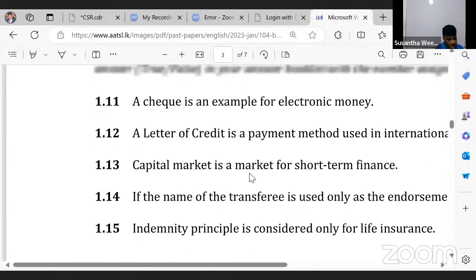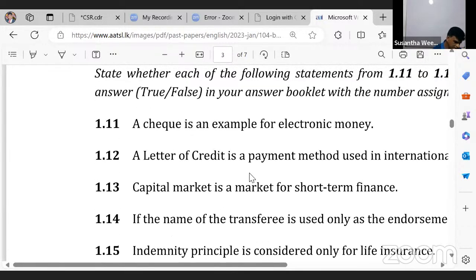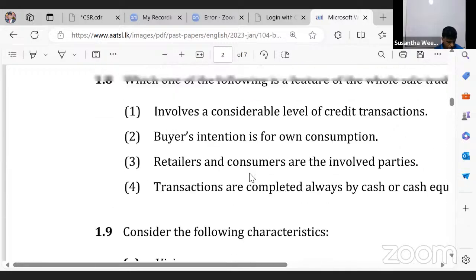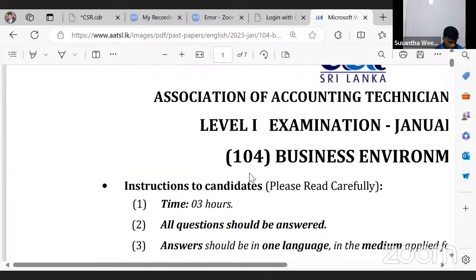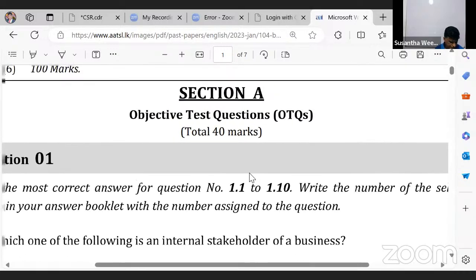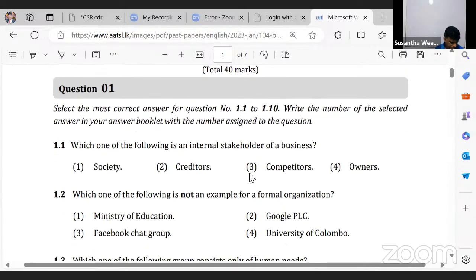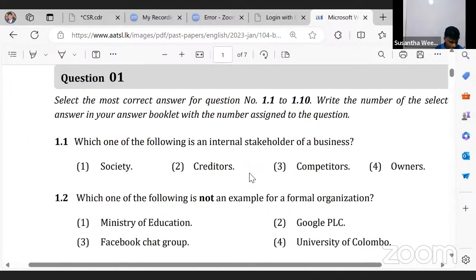Altogether 20 questions, and 2 into 20 is 40. Now, we'll start from this OTQ section. We'll discuss the first 10 MCQs. You have to mark, then I will mark the correct answer, and then we will check the total marks you have obtained for the MCQ section.